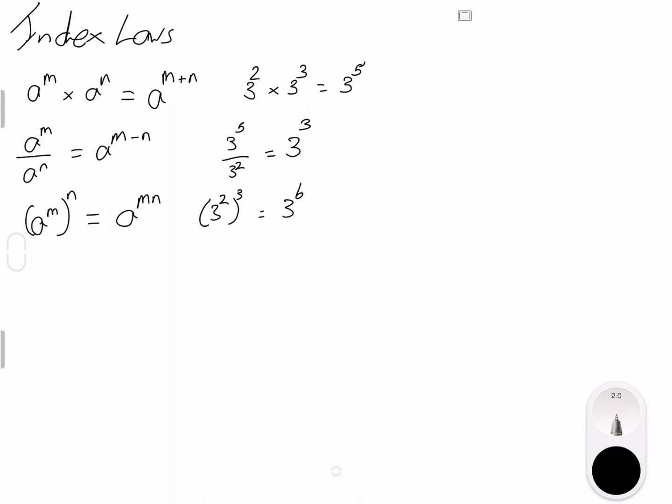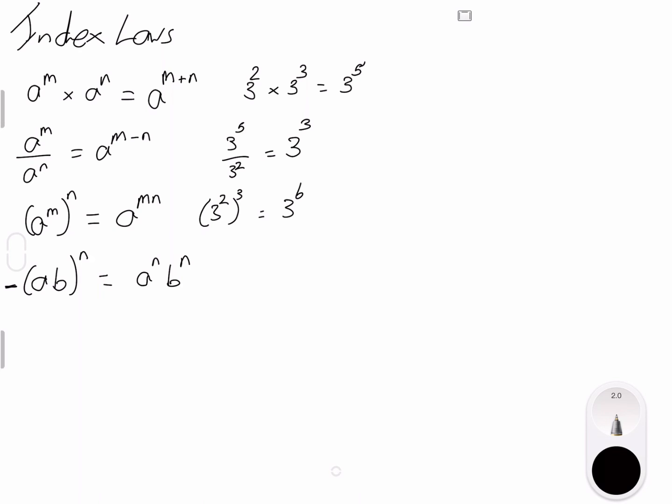Let's look at another one where if we've got a times b all to the power of n, this is the same as a to the power of n times b to the power of n. This one is particularly useful if we're dealing with surds, because we can actually get rid of a surd by using this rule.